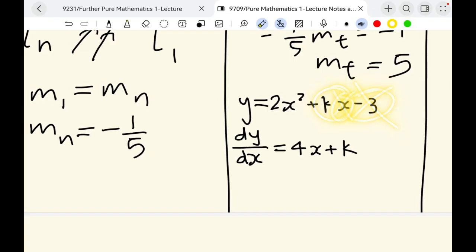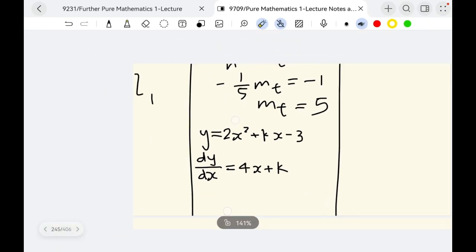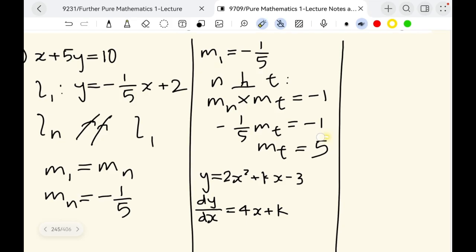For the x squared, its degree decreases by 1 and is multiplied with the constant coefficient. So by using your concepts, equate the gradient of tangent to dy/dx, the first derivative.